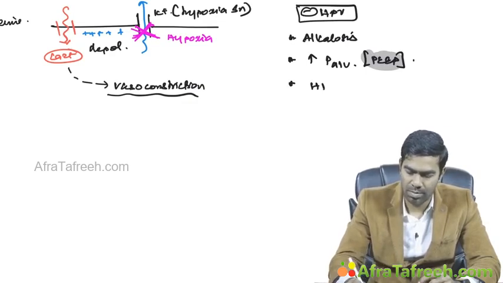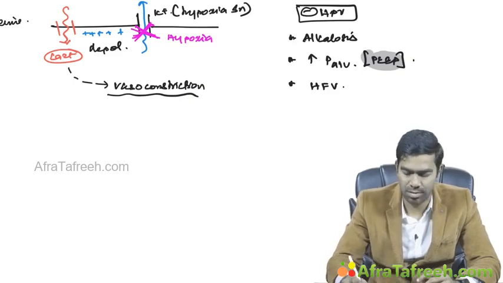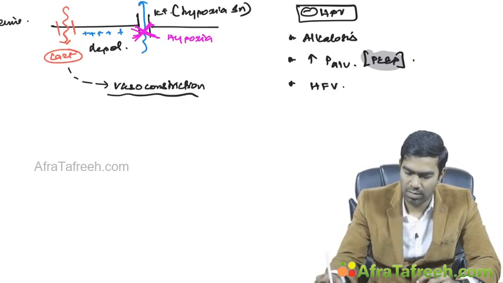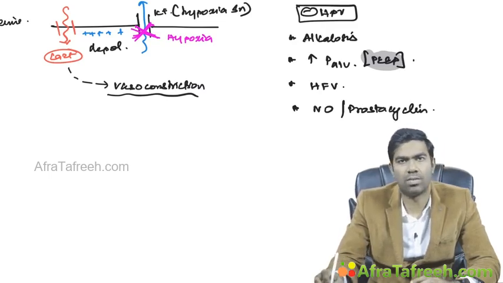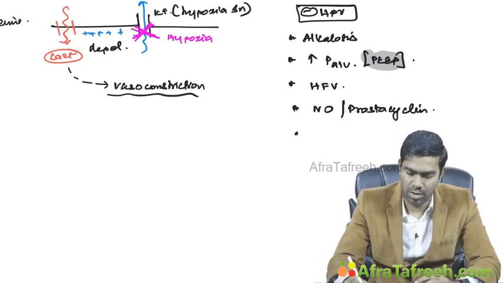Next, in patients who are going for high frequency ventilation. Next, in patients who are receiving endothelial vasodilators like nitric oxide or prostacyclin analogs, PGI2.